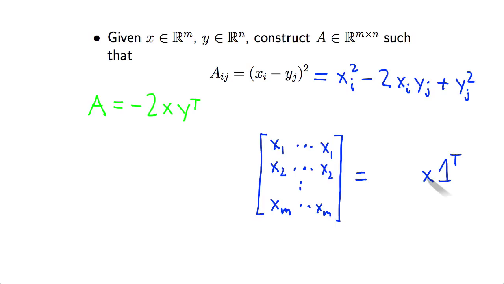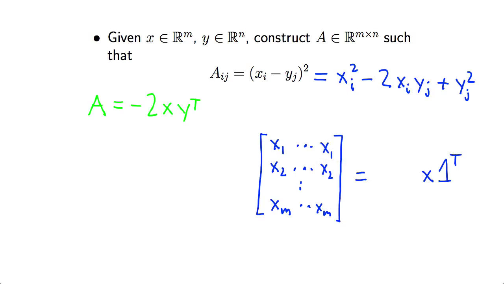This would take x, multiply it by the corresponding element of the ones vector, but that would just be repeating these elements of x, in this case, m different times. This would really be 1 of size n, but it's obvious from how we write this here, so we'll just write x 1 transpose. Now this creates a matrix like this, where these terms are not squared.